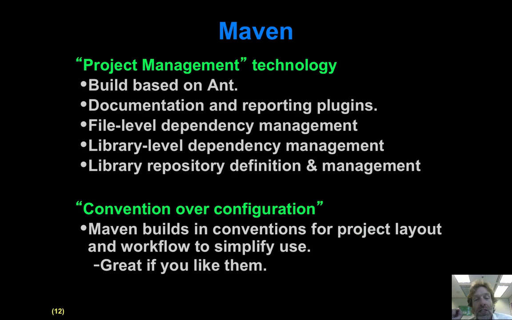The second thing that they do, which was a real breakthrough, was this idea of dependency management, so that if you needed third-party libraries, Maven had a mechanism for downloading those libraries automatically off the net, and then if those libraries needed other libraries, it would in turn get those libraries off the net. So you had this way of recursively and transitively satisfying all the dependencies.